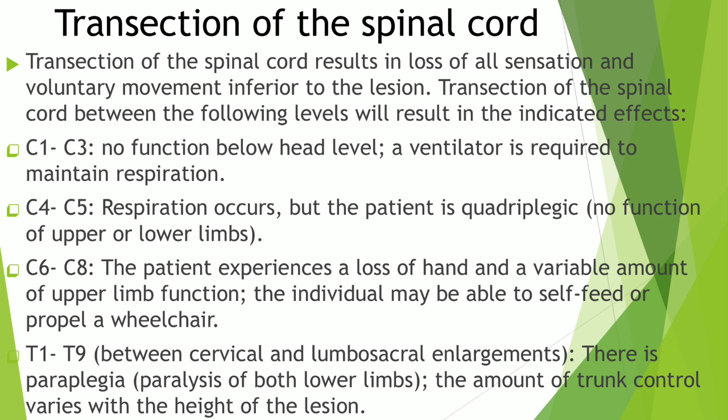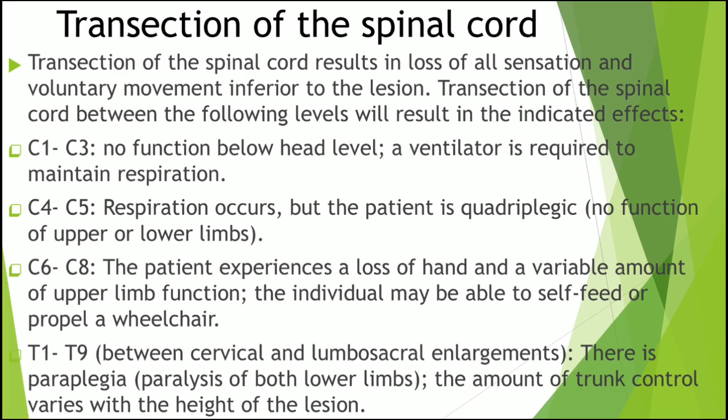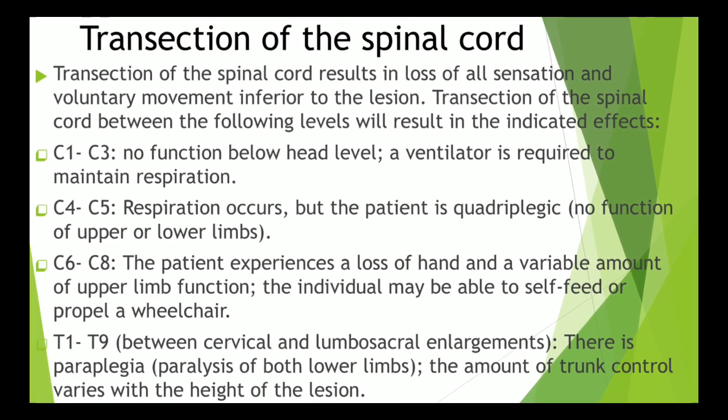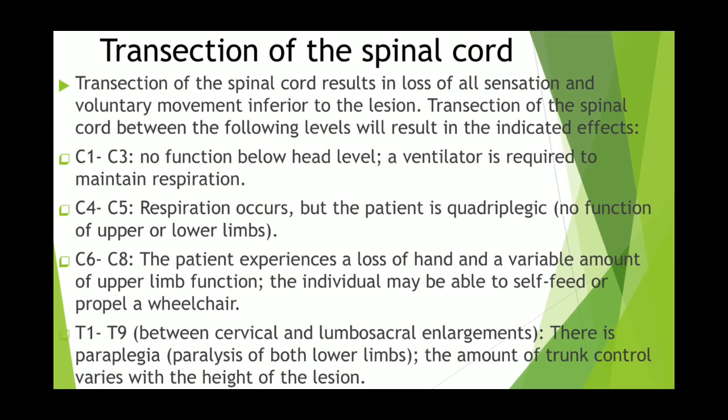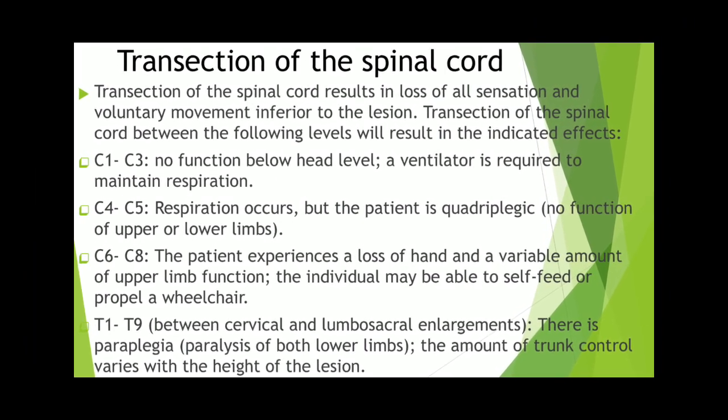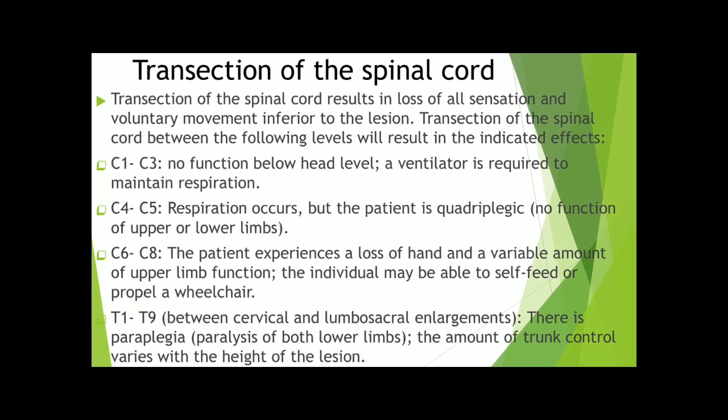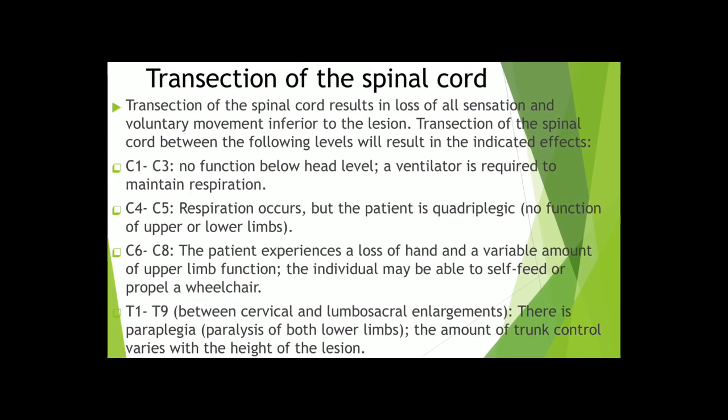Then you have a lesion at a much lower level, between L2 to L3. The individual retains most leg muscle function, and he will suffer a bit. He might need to wear some short leg braces to walk around. So spinal cord injury is no joke at all.